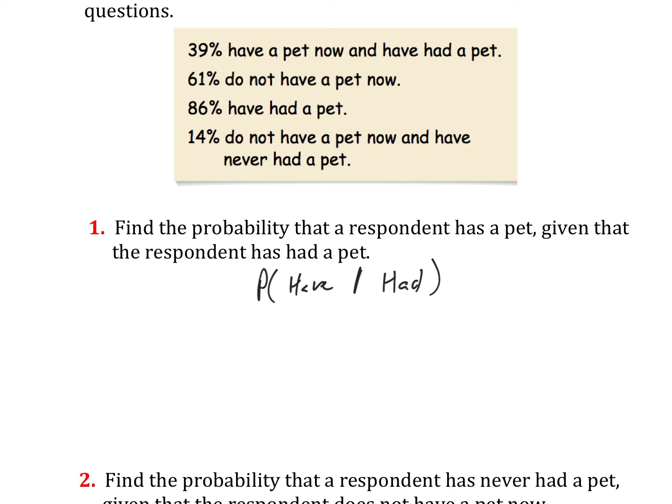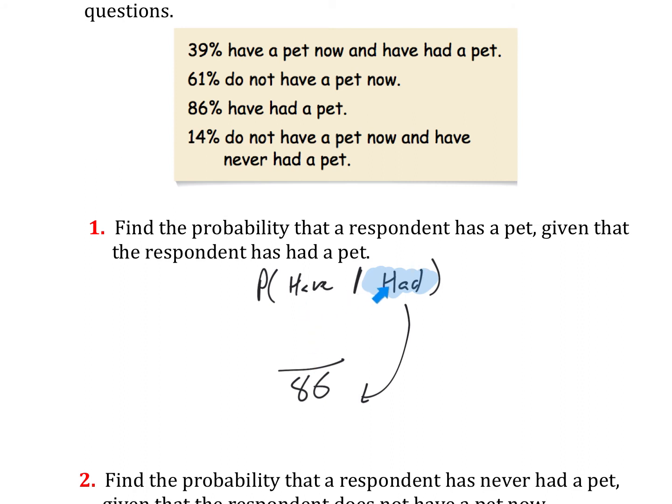So what is the probability they have a pet now, given that they've had a pet in the past? So I need to know how many of them have had a pet previously, and that would be that 86%. Now, you could write that as 0.86, but as long as I'm consistent with my decimals, whatever I do up top and bottom, I don't need to worry about it, so I'm just going to leave that as an 86.